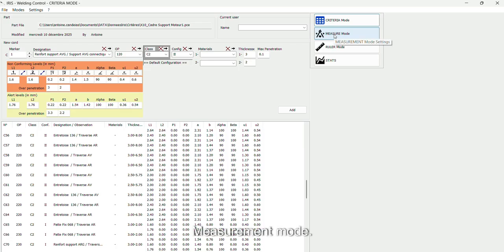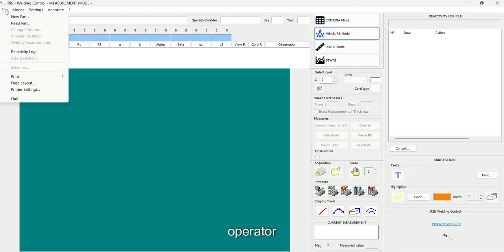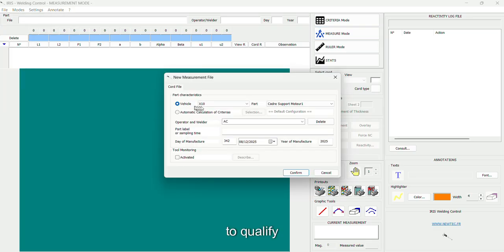Okay, measurement mode. On the measurement mode, the operator captures the image first. If it is a new weld, you have to qualify or tell which vehicle, which part you are on, which operator is doing it, and the reference of the part which has been taken out from the production.